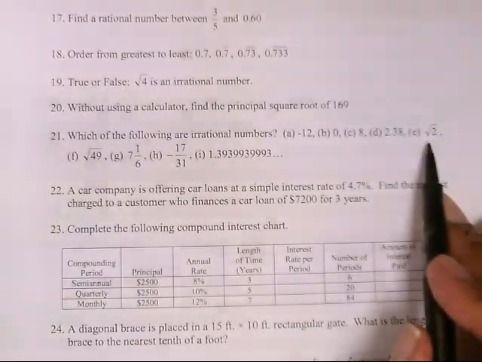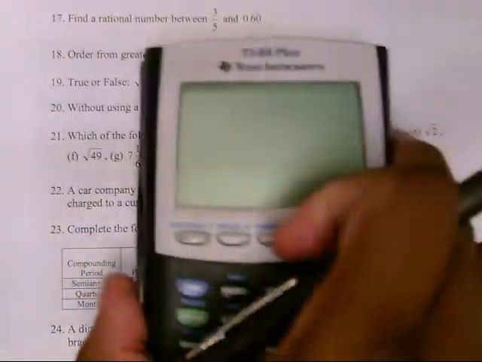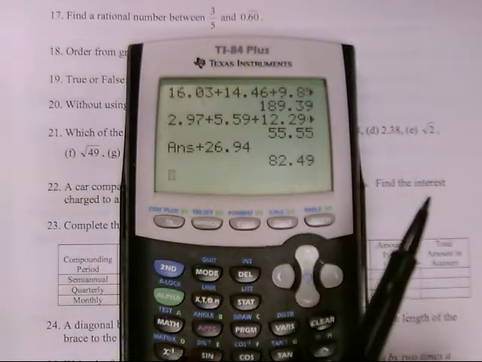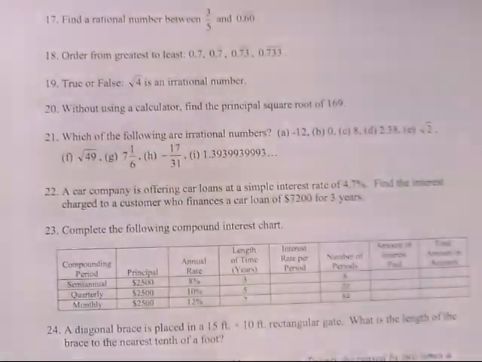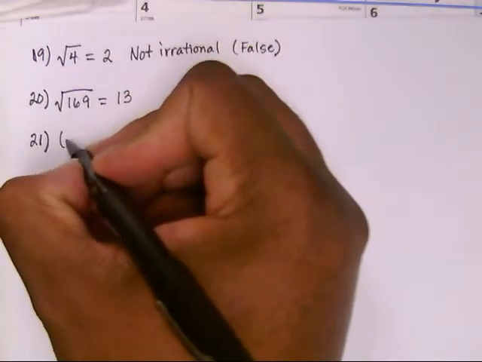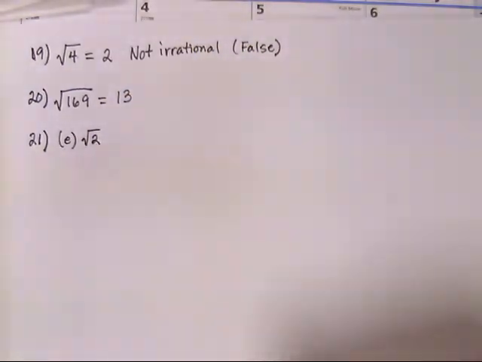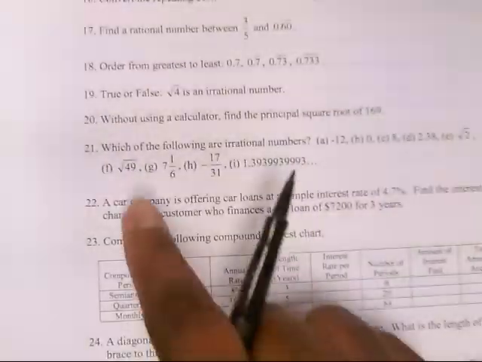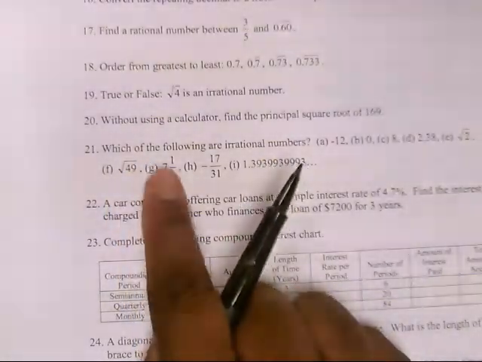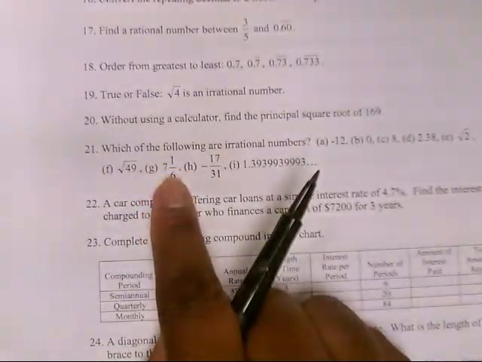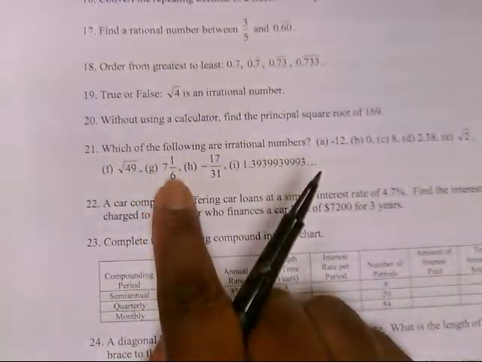Now for the square root of 2, that's irrational. Here's why. If I take the square root of 2, I'm going to get a non-terminating, non-repeating decimal. Okay? So here, option E is irrational. Now for the square root of 49, that's going to give me 7, which is rational. 7 and 1/6 is rational because that is a fraction. Fractions are rational numbers.